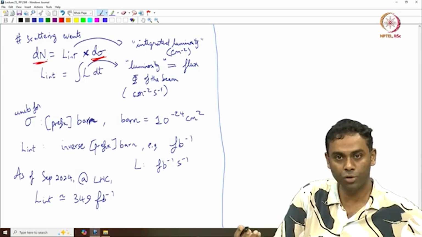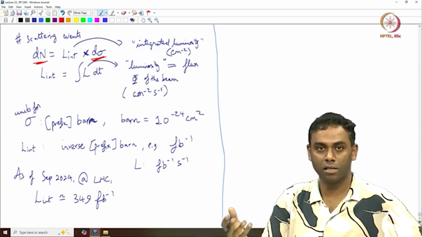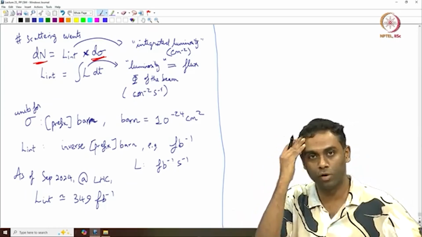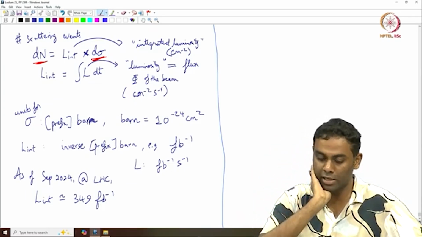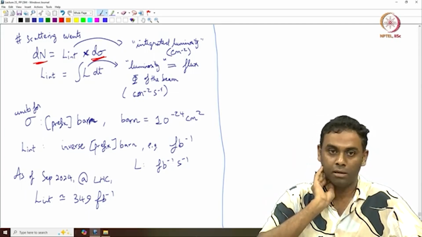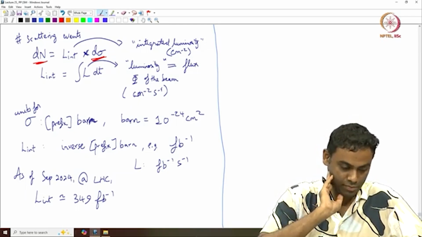The more the events you have, the more scatterings that you do see, the better it is for your analysis. The statistical precision gets better, the more things that you can look for, it's just overall better. Okay, so for that reason, these quantities are very central to collider physics.